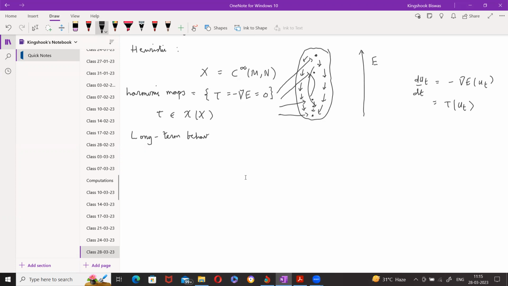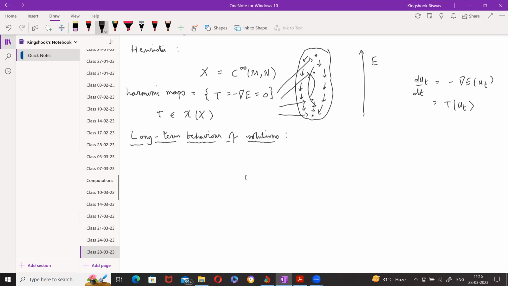But first we're going to assume that a solution exists and then show that if a solution exists for all time, then it must converge to a harmonic map. The limit can only be a harmonic map.